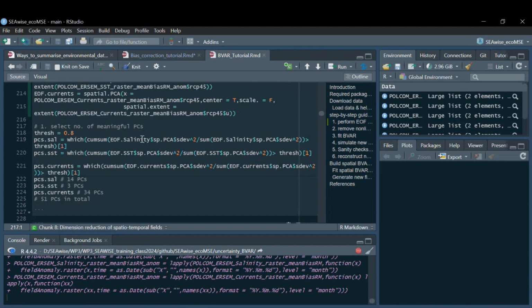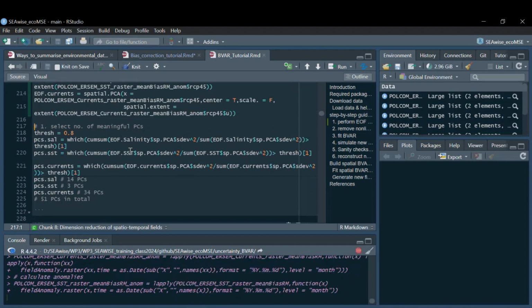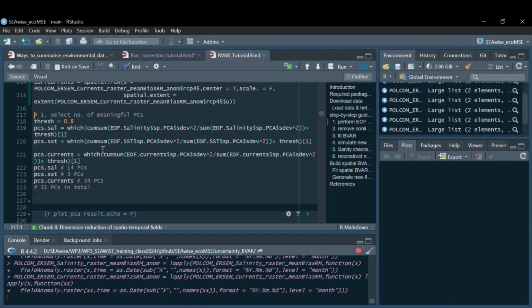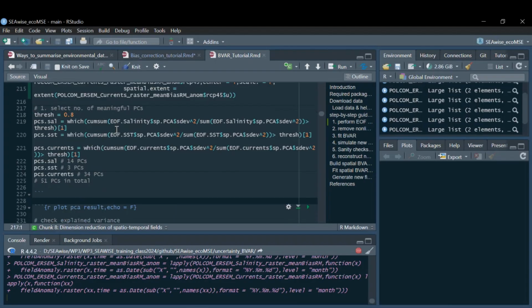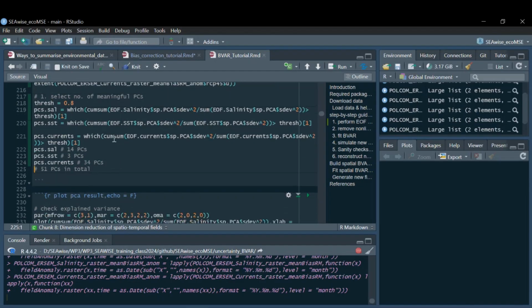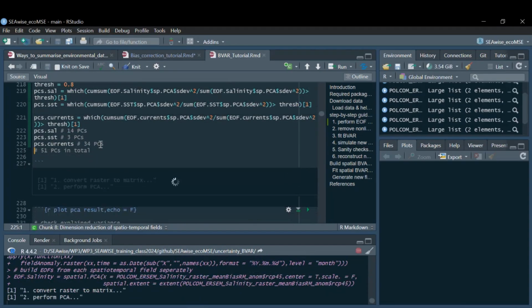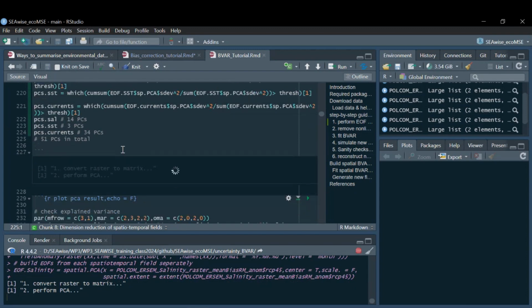Then we select how many PCs we want to put into the algorithm. I just selected an arbitrary threshold here of 80% variance explained for each of those three data sets. And this will give us 51 PCs, because for salinity 14, for SST only 3, and for currents, which is more complicated, 34 PCs.